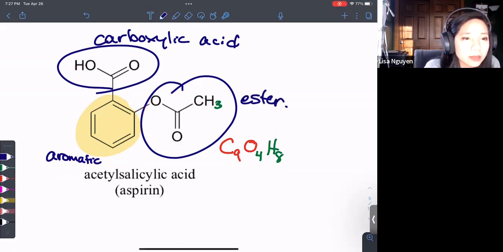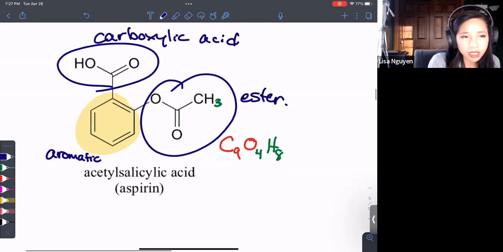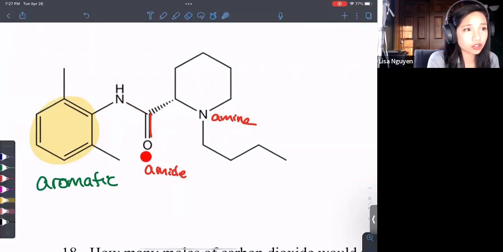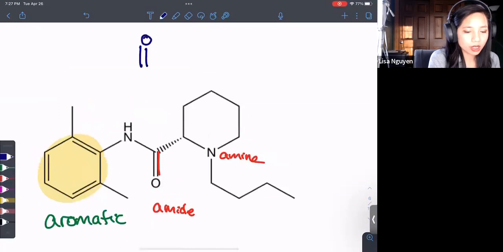Ester. So amide has a double bond, amide has single bond. No, that's not quite the case. A carbonyl is a carbon that is double bonded to an oxygen. So it looks like this. So that's your carbonyl carbon.